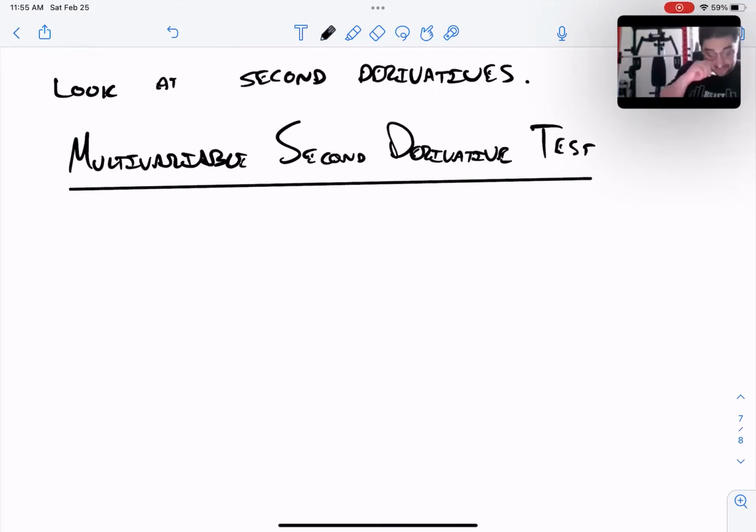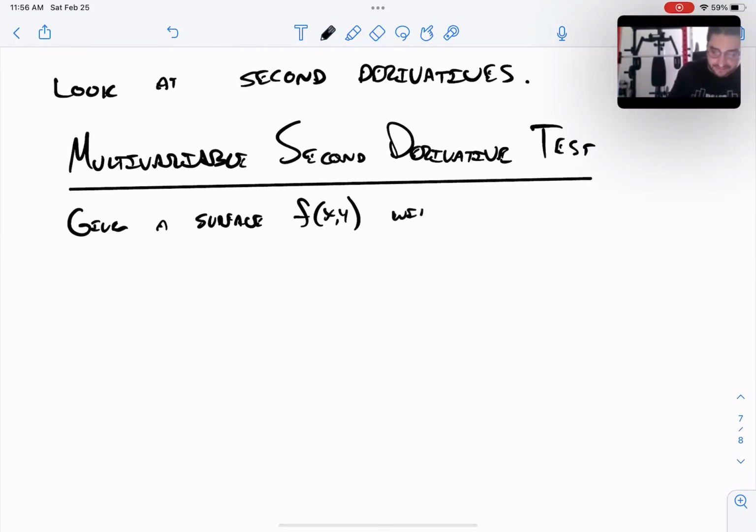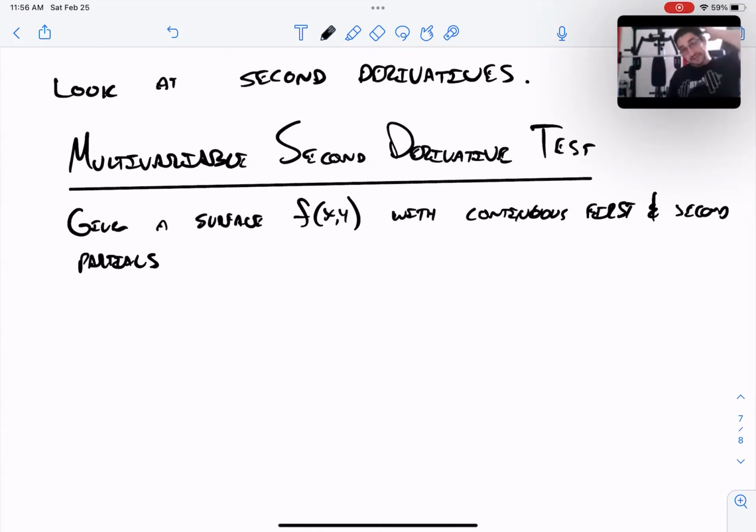So what do you do for the multivariable second derivative test? Say we're given a surface f(x, y), and let's say all the first and second partials are well-defined, continuous, all that jazz.